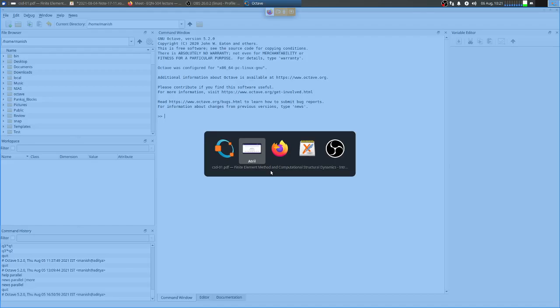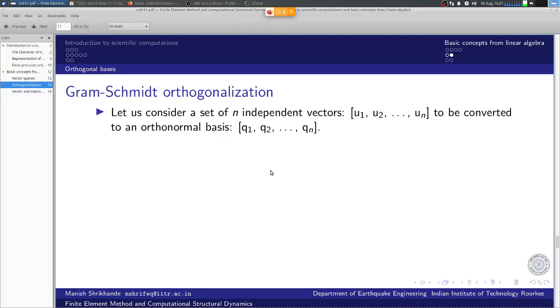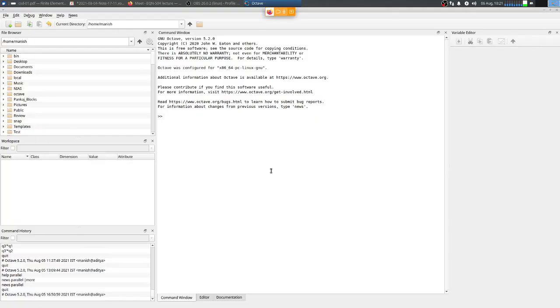So to begin with, let us start with n number of independent vectors. Let's say 4-dimensional space, just to make life a little more interesting. So U is a 4 by 4 matrix, and randn is a random number generator from normal distribution of zero mean and unit variance.